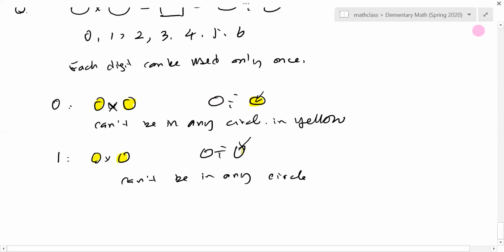I think 1 also cannot be a divisor, because dividing by 1 you get the same number, so it cannot be.